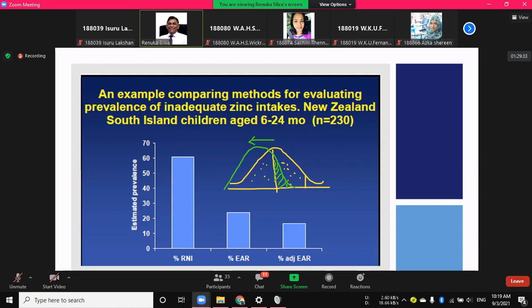Only 20% consume EAR in the green color graph, but in yellow color graph, 50% of the population consume EAR. That should be the normal. That should be the way.